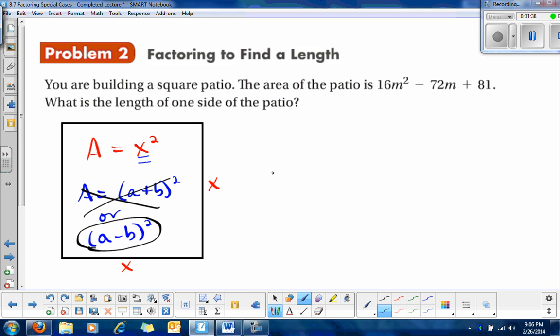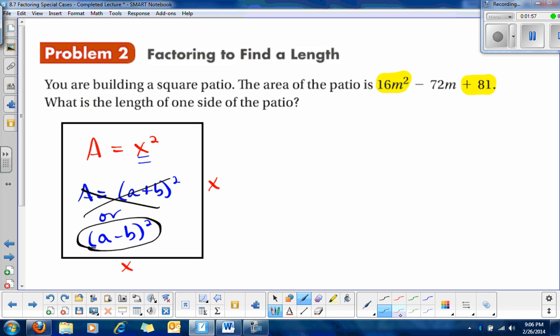So let's take a look at 16m squared minus 72m plus 81. The first thing we need to do is check to see if our first term and our last term are perfect squares.